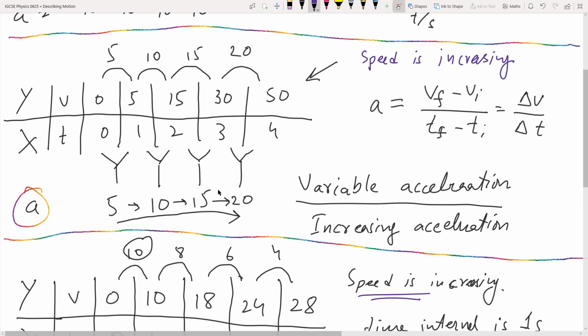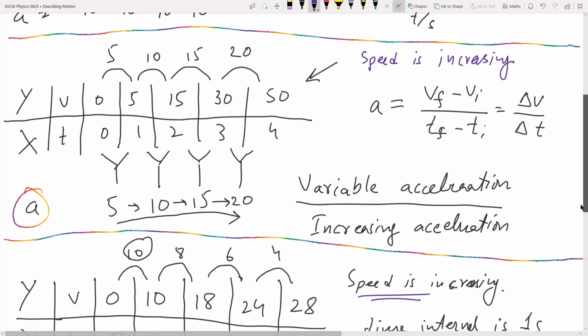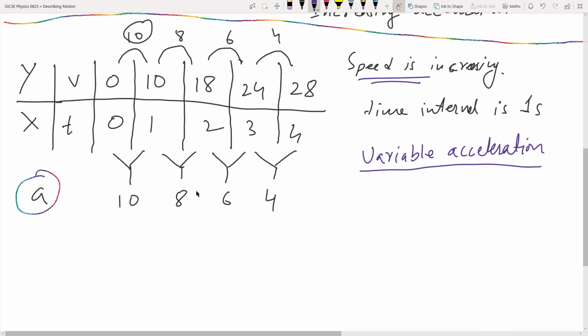The values for acceleration were going up, right? In this third case, we see that there is a downward trend between these values. So we will say this is decreasing acceleration, right? So keep this difference in your mind.